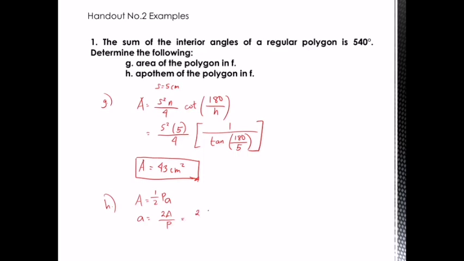So 2 times 43 centimeters squared over the perimeter, which is 25 centimeters. Apothem therefore, that is 3.44 centimeters. Okay. Next problem.